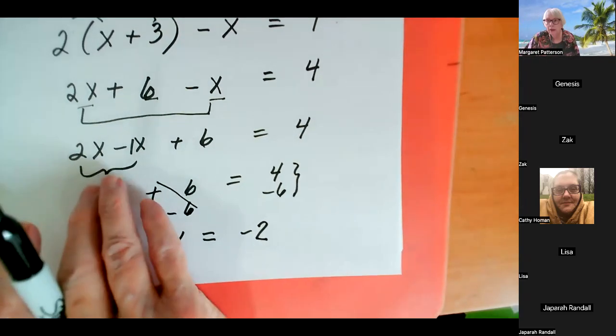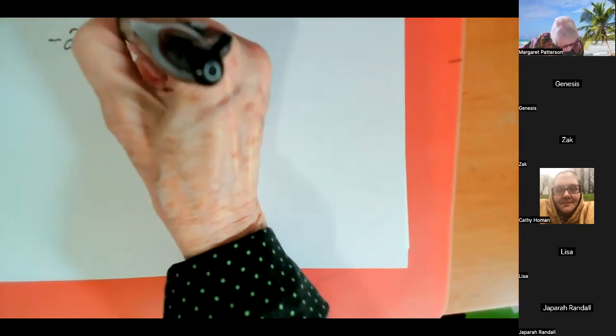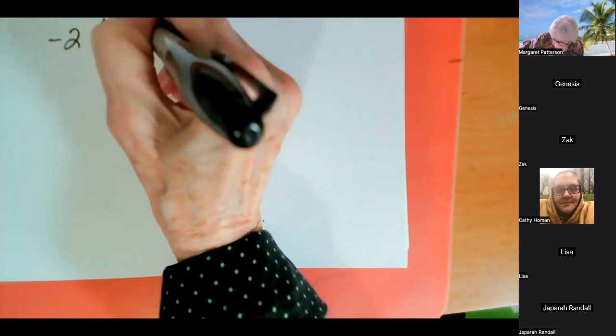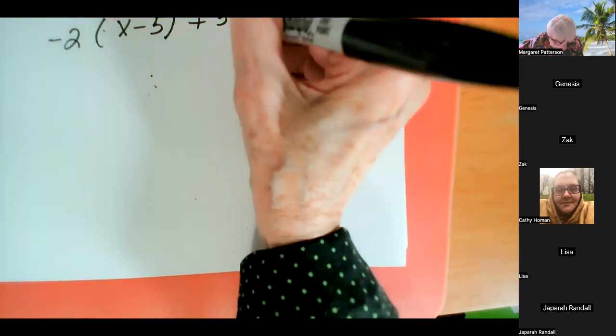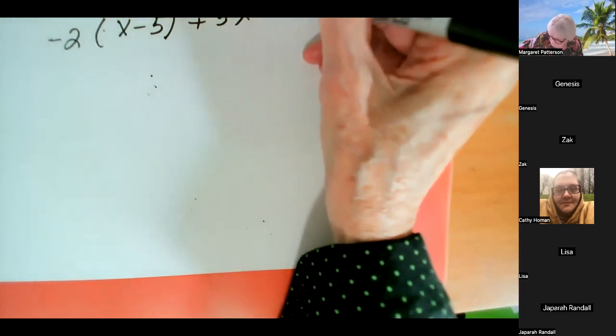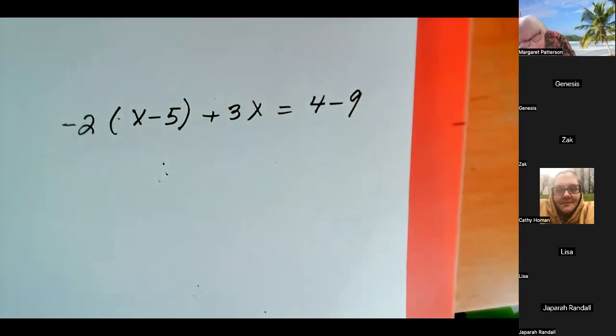I want to do a little weird one. -2 times (x minus 5) plus 3x is 4 minus 9. Okay. I'd say both sides need some work.